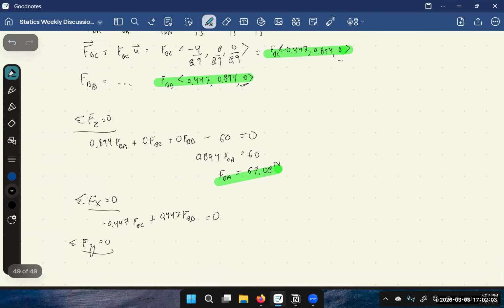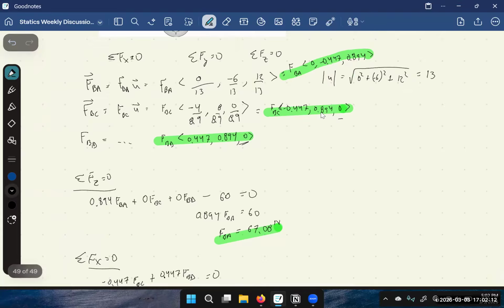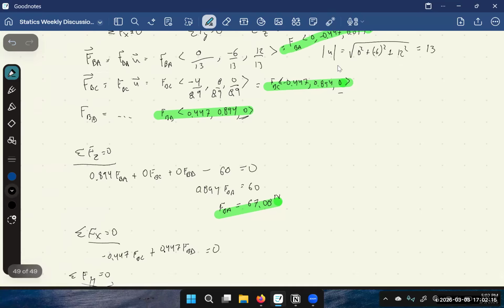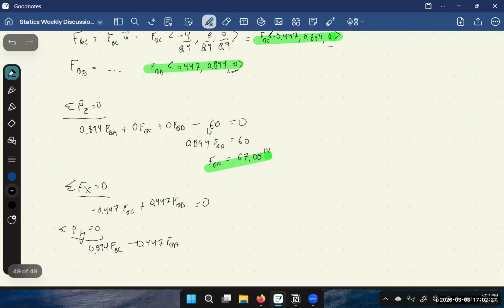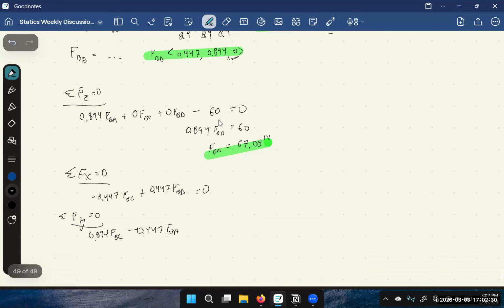I'm taking that last component, 0.894 FBC right here. Oh, there's also an FBA, negative 0.447. And then a 0 times, oh sorry, 0.894 FBD. All of that equals 0. And we said earlier FBA is up here, so we can substitute that into here.